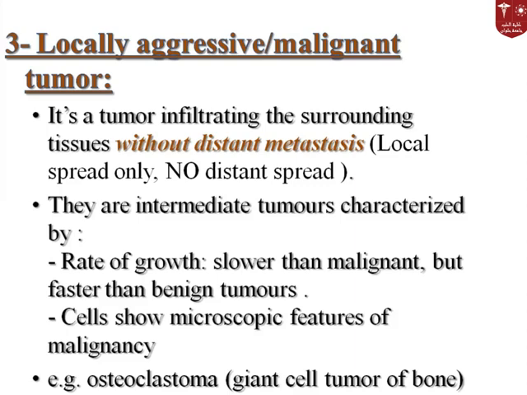Okay? And there is an example here we will discuss in detail in a later lecture, which arises from bone. It is called giant cell tumor of bone. We still haven't discussed bone tumors, but when I tell you there is a giant cell tumor of bone that is locally malignant or locally aggressive, you can tell me that this tumor will grow by invasion of the surrounding bone and muscles, right?